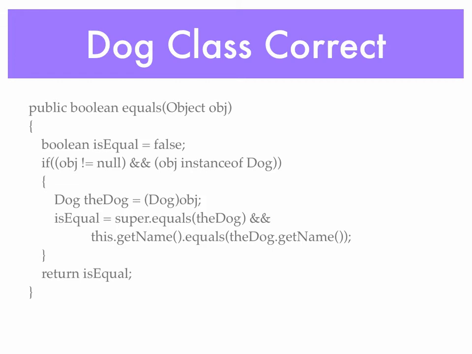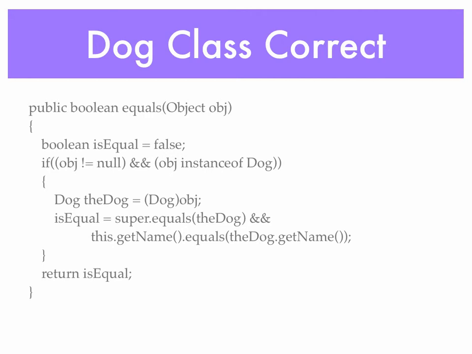So with super.equals, we call the equals method of the parent, that's Animal, and we pass to it theDog, the instance of the class Dog that we developed earlier, that we declared and gave a value to. So we're passing up to the equals method of our parent class the instance of the class Dog. And so that method will fire, and it will determine if the gender is the same.